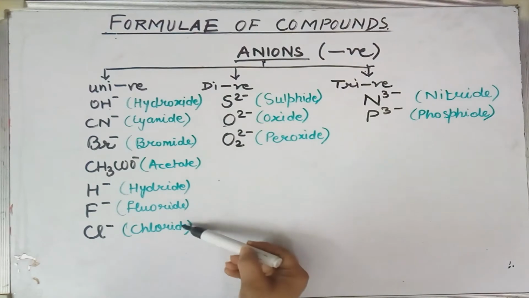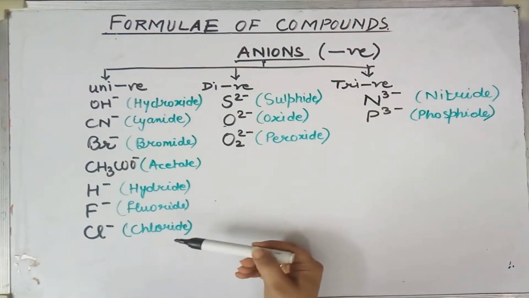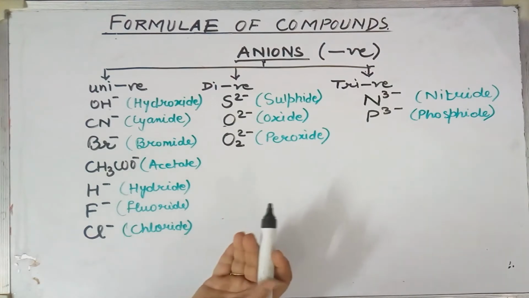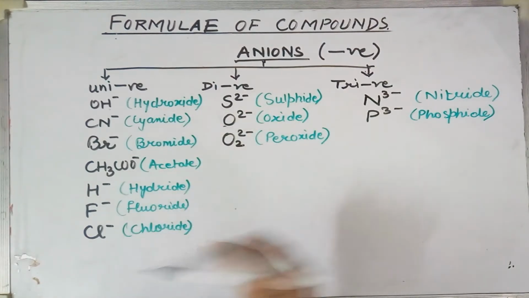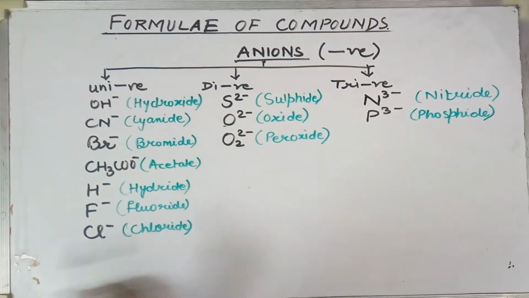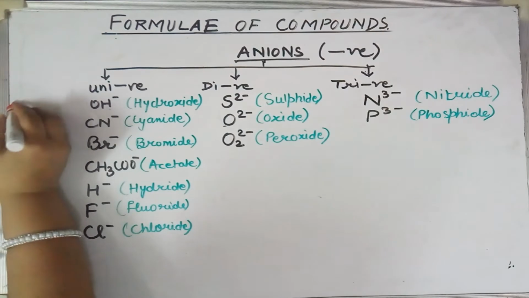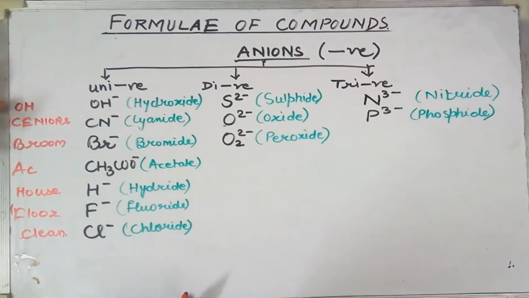If you want to memorize them, most of the time I have found that students get confused about how much charge is present on them. So for the sake of your convenience, I have made a simple sentence and you can learn it as such. For the uninegative ions, the sentence is: O seniors, broom, AC house, floor, clean.